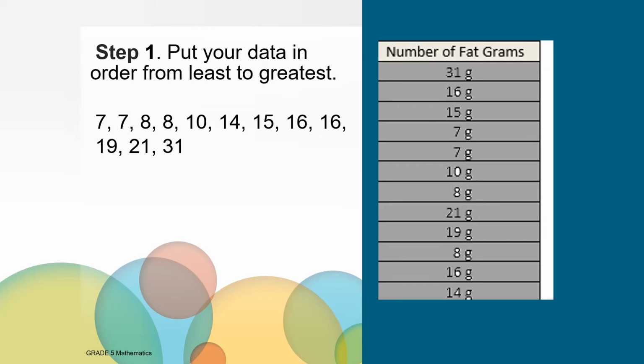After creating my list of numbers in order, I double check that I wrote 12 data values. 7, 7, 8, 8, 10, 14, 15, 16, 16, 19, 21, 31. I count 12 pieces of data.